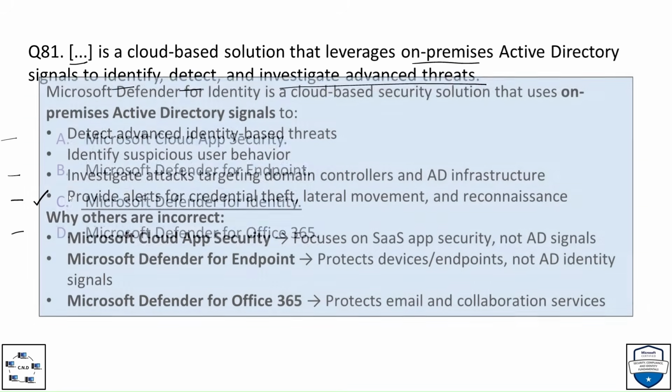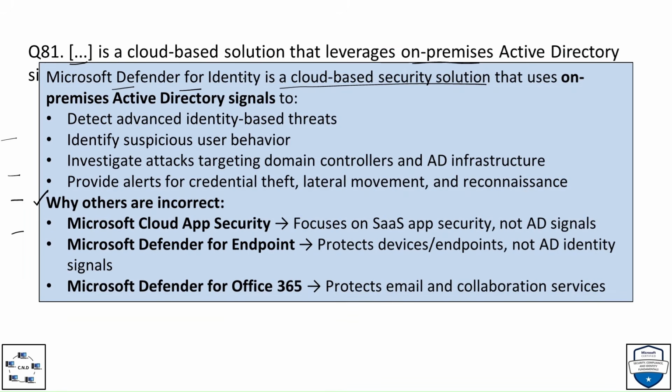The explanation is, Microsoft Defender for Identity is a cloud-based security solution that uses on-premises Active Directory signals to detect advanced identity-based threats, identify suspicious user behavior, investigate attacks targeting domain controllers and Active Directory infrastructure, and provide alerts for credential theft, lateral movement, and reconnaissance.